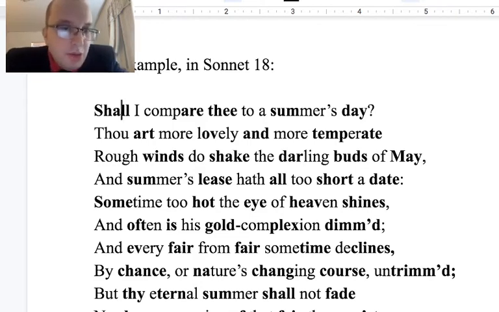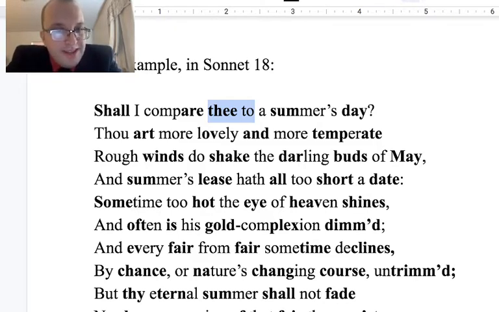We have 2 trochees in the line, these 2 feet, but the other feet, compare a summer's day. There are 3 iambs in the line and 2 trochees, so it's still an iambic line. Thou art, that's a, more lovely and more temperate. That line's almost perfectly iambic.